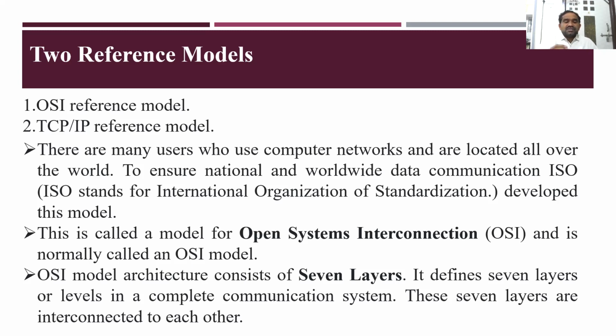The OSI model architecture contains 7 layers. It defines 7 layers or levels in the complete communication system, and these 7 layers are interconnected to each other.